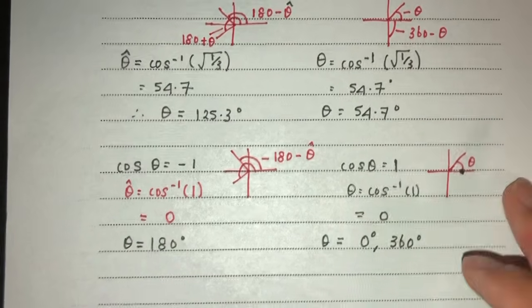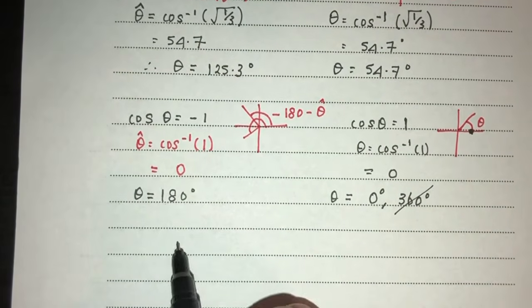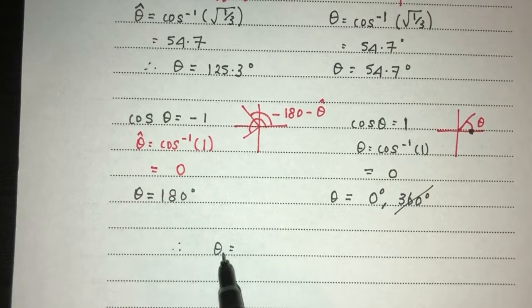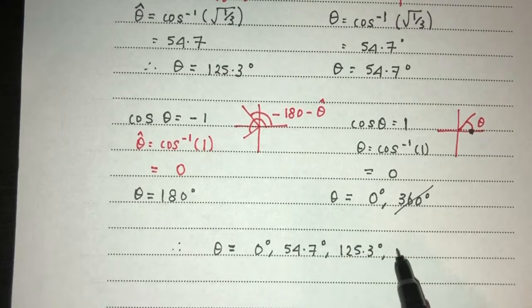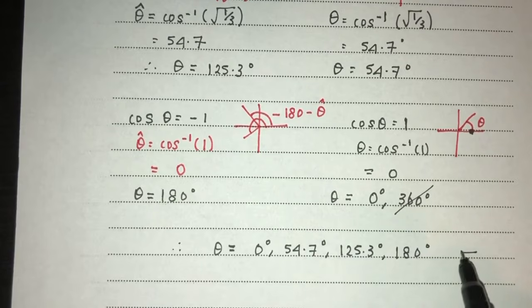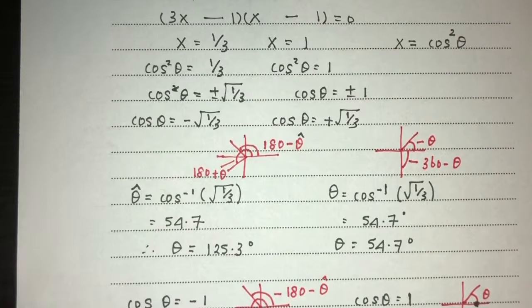But since of course because of the domain, you will not take this one. So your final answers will be: theta has to be 0, 54.7, 125.3, and 180. These will be the values of theta that satisfy your equation. That will be your question number 7.